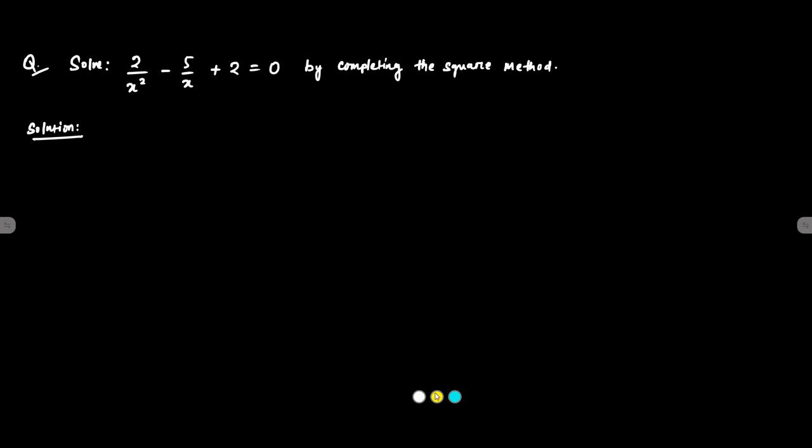So first we'll write the equation 2/x² − 5/x + 2 = 0. Here we can write it in this way, taking LCM x², so it's 2 − 5x + 2x² = 0.